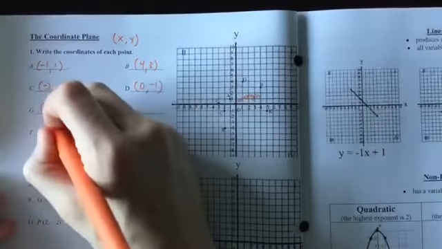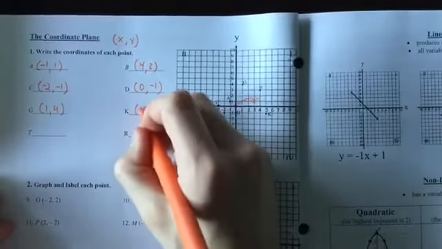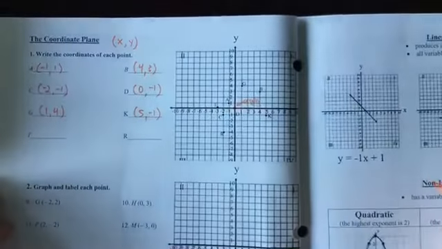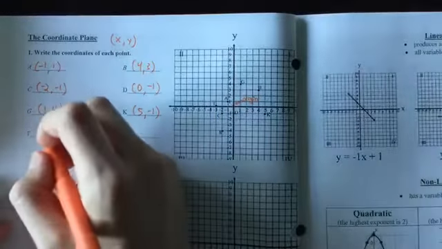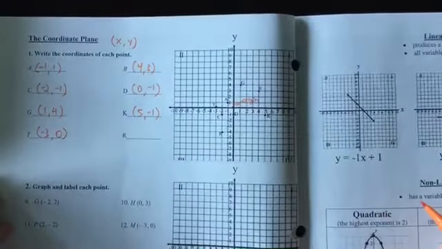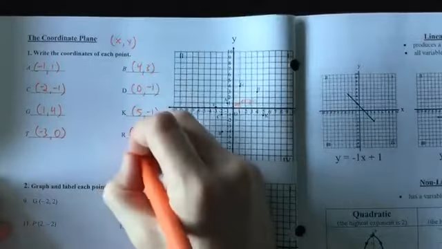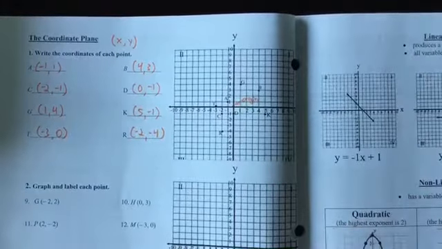G is (1, 4). K, (5, -1). T is on the x-axis, so (-3, 0). And R, (-2, -4), just like that. Okay.